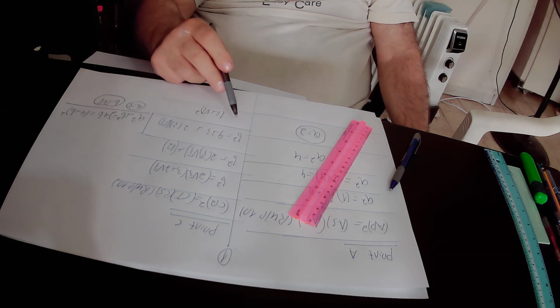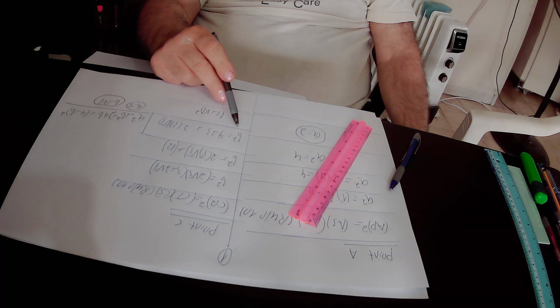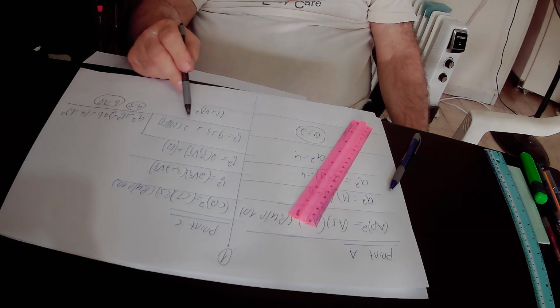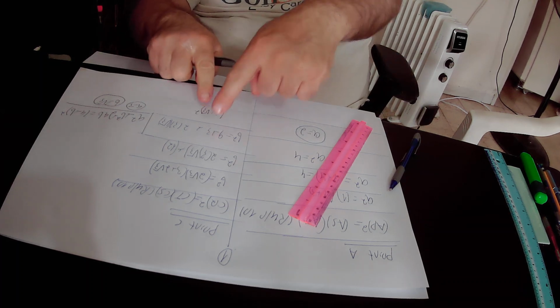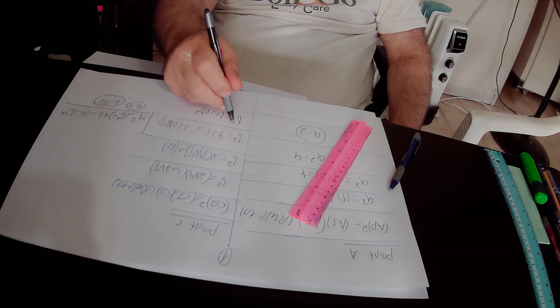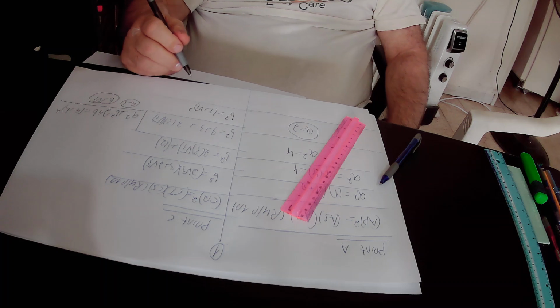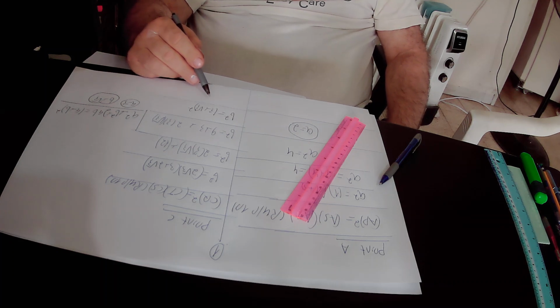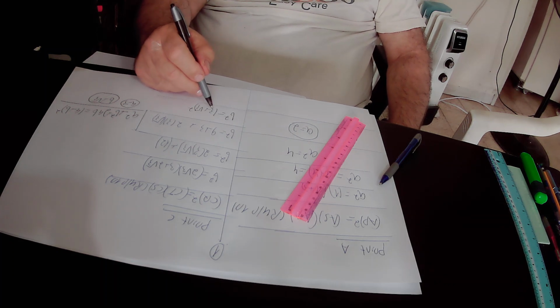And therefore, b squared equals this expression, but those two expressions are equal to each other, therefore this expression must also be equal to b squared. In conclusion, b squared equals 3 plus square root of 3 squared.